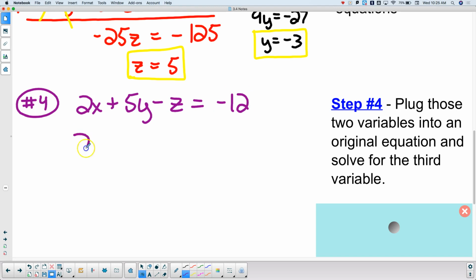So that's going to be 2x plus 5 times negative 3 minus 5 has to be negative 12.